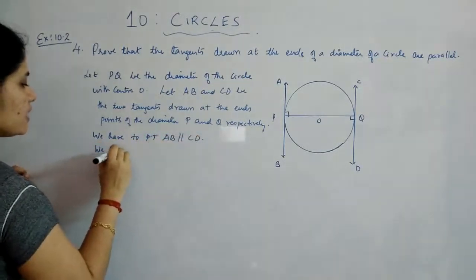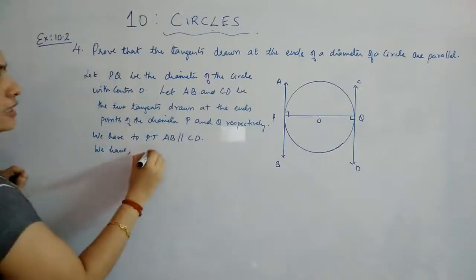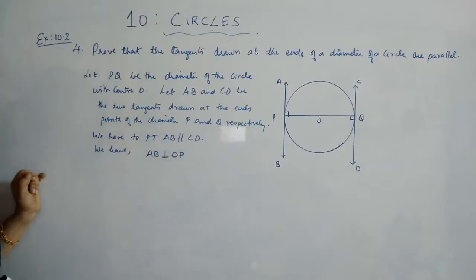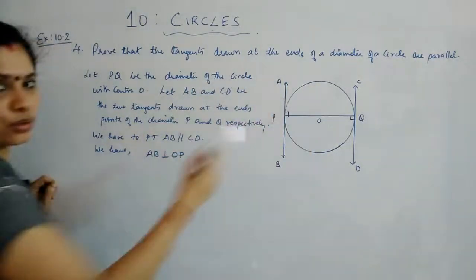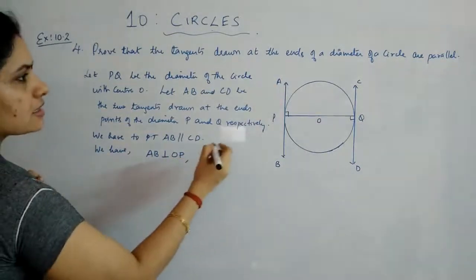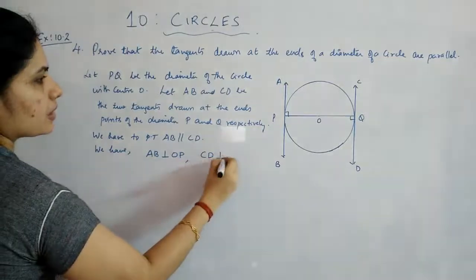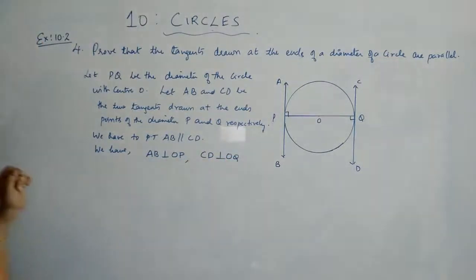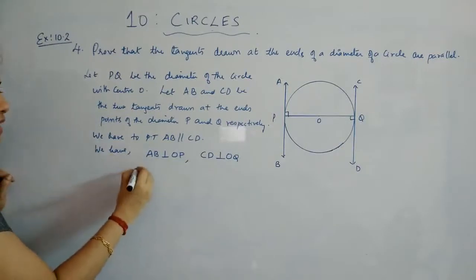Now the concept which we have is, by the theorem, AB is perpendicular to OP. Just see the figure. AB is perpendicular to OP. That is, the radius and the tangent will be perpendicular at the point of contact. And again CD is perpendicular to OQ. These are the two things which you are getting. Perpendicularity means we are just writing in terms of angles.